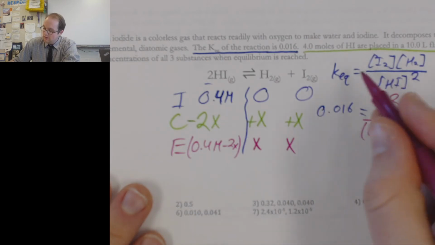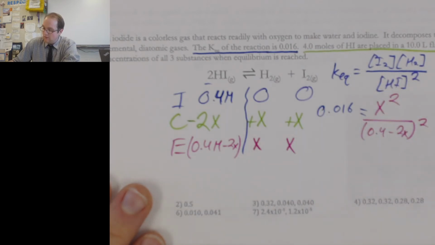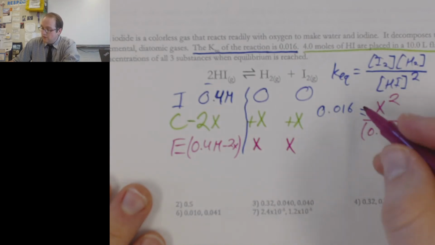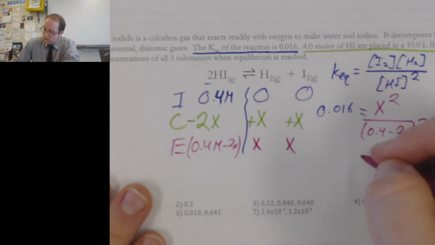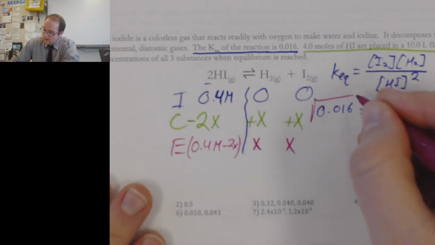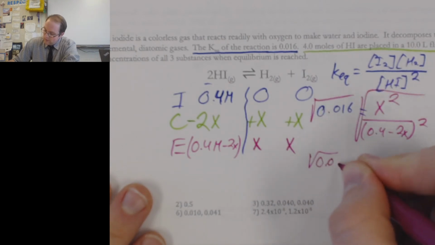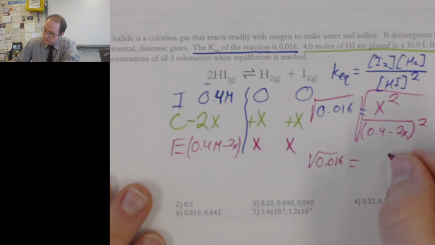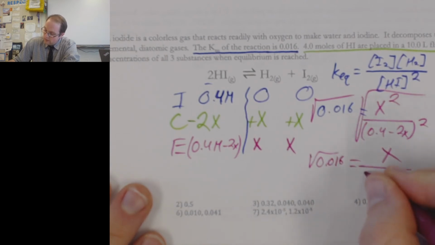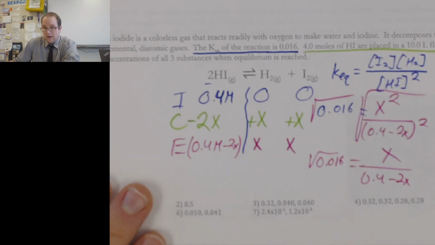So using this equation, we need to solve for x. And really at this point, it's just some algebra. You are going to make sure to square root both sides of this equation. And then that leaves you with the square root of 0.016 equal to x over 0.4 minus 2x. And again, this is just algebra.